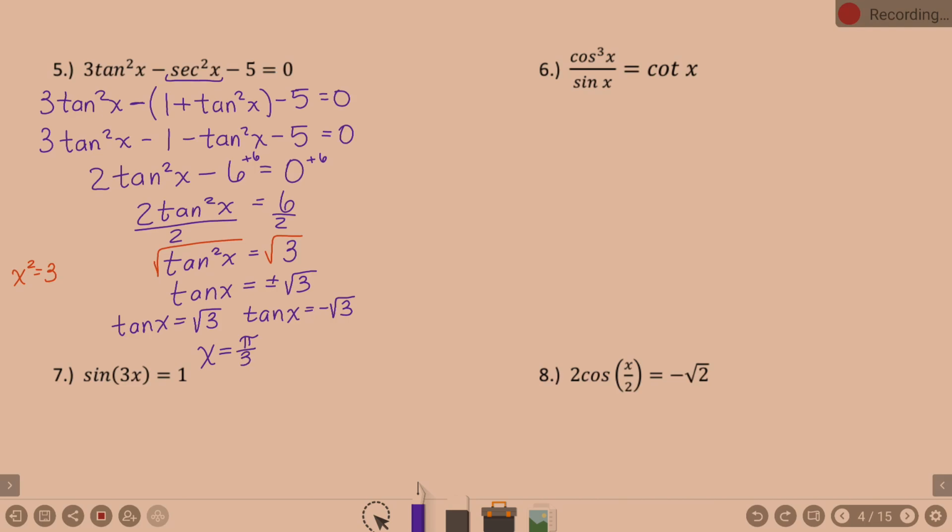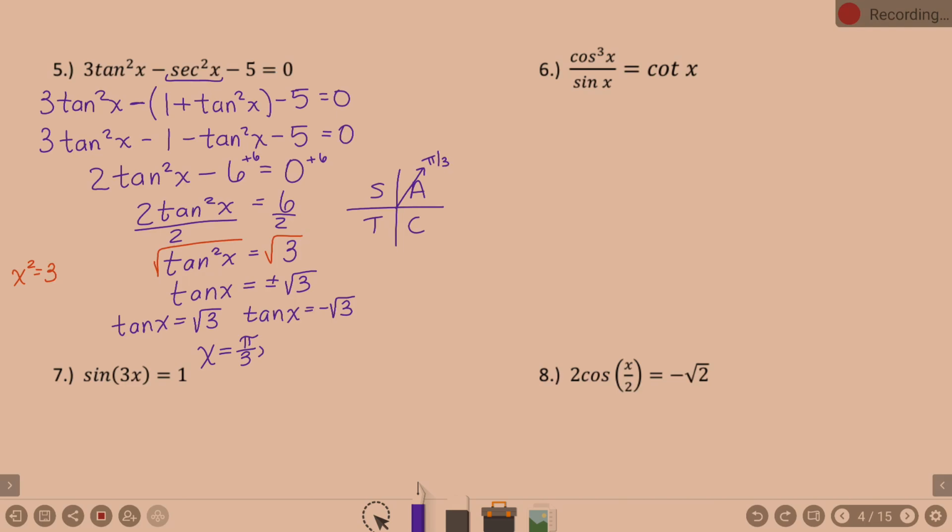Is that the only time that tangent equals the positive square root of 3? Nope. As we've kind of decided today, there's usually going to be 2 quadrants, right? So we already know pi over 3 in quadrant 1.